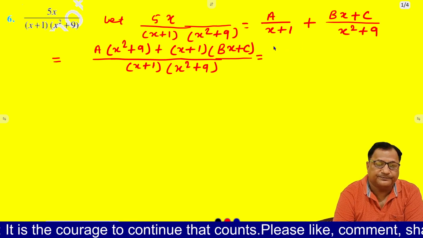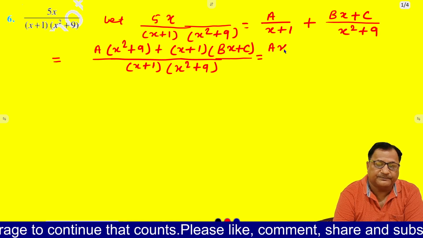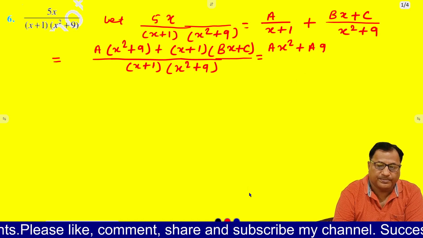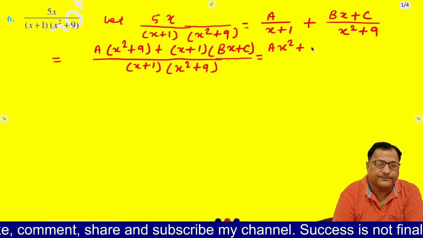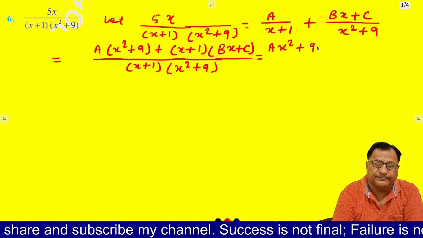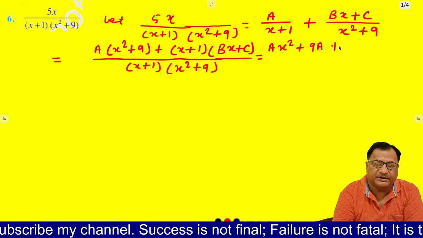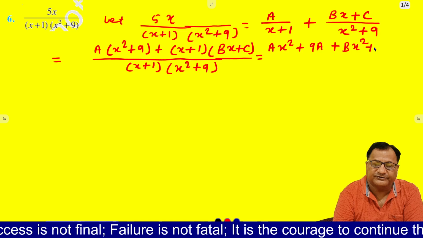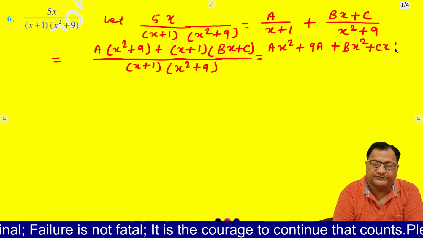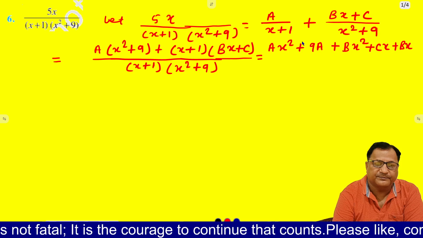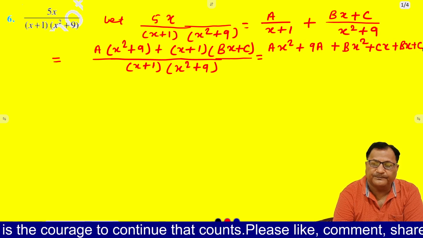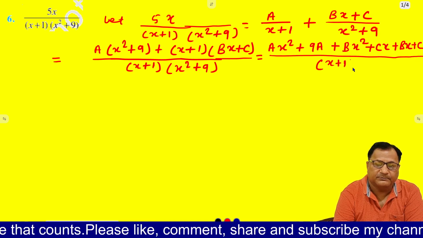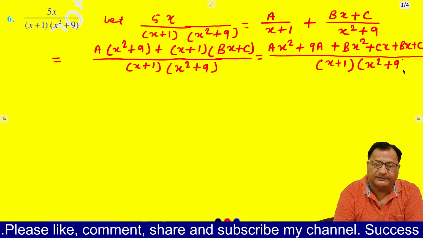If you multiply this, then Ax square plus 9A plus Bx square plus Cx plus Bx plus C, divided by (x plus 1)(x square plus 9).